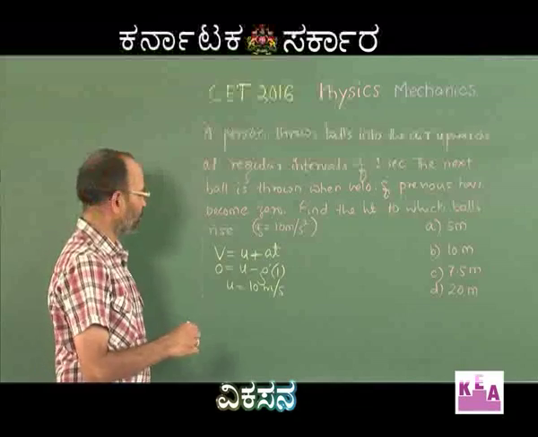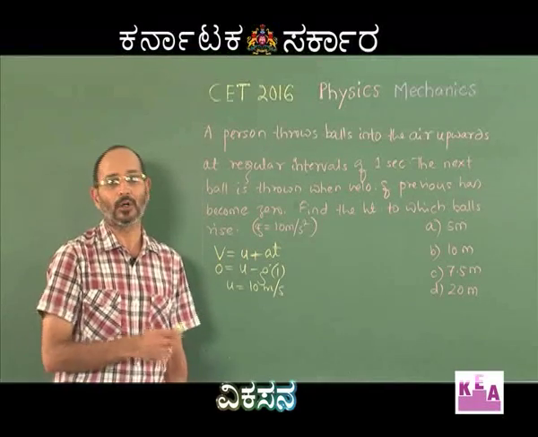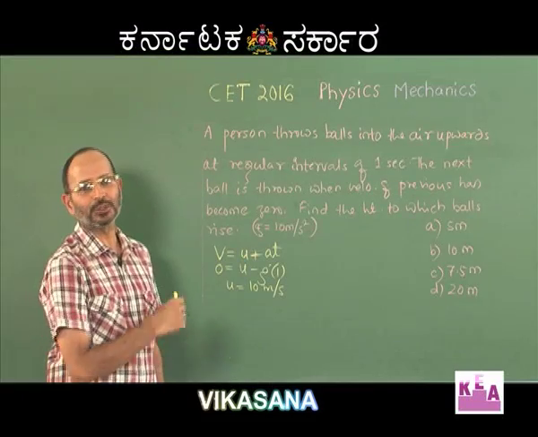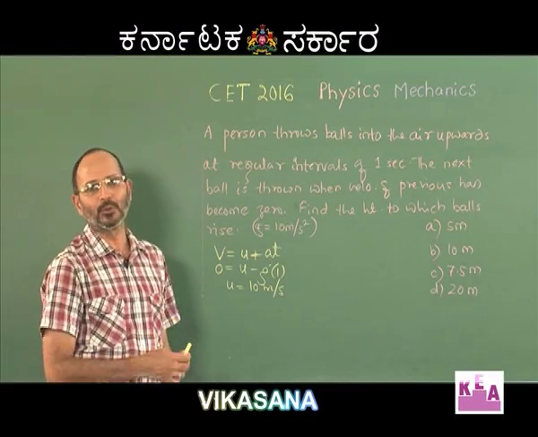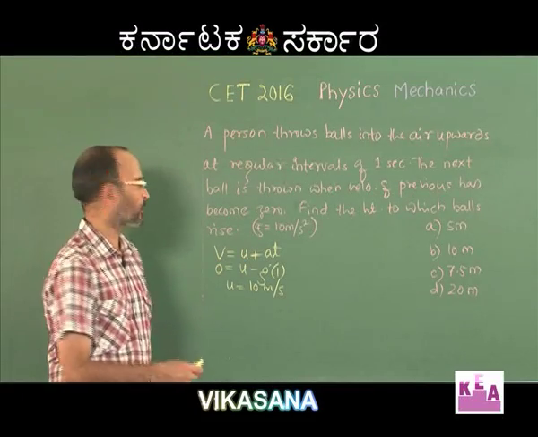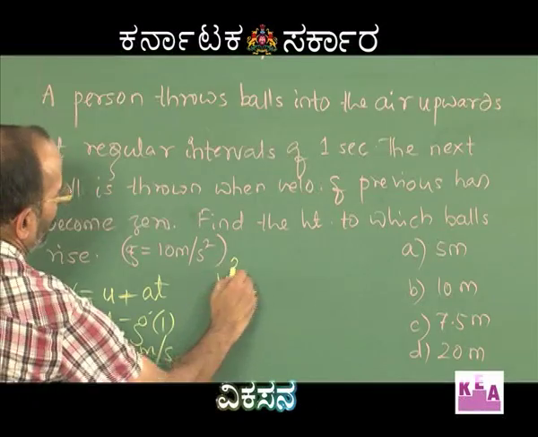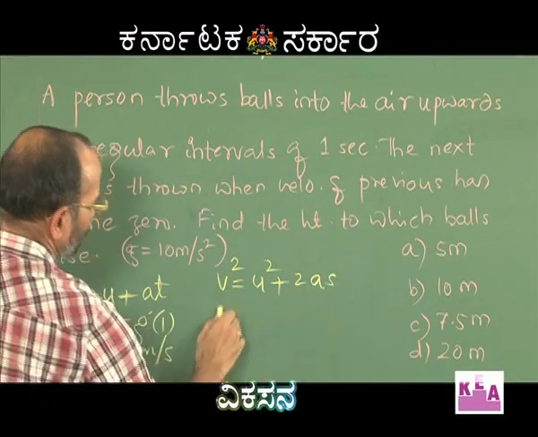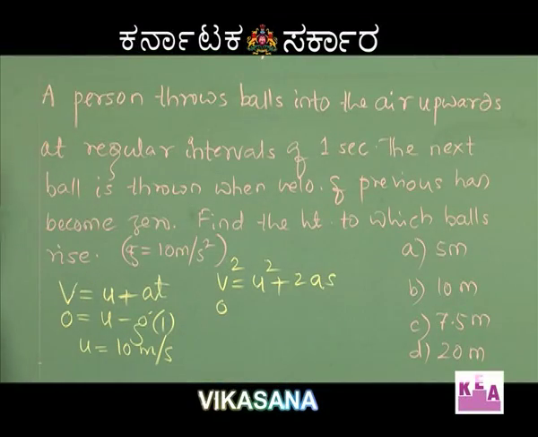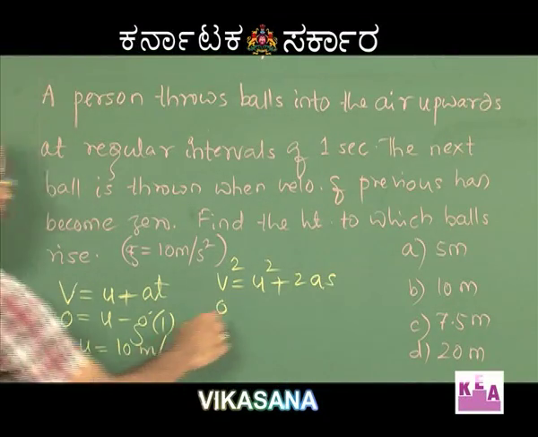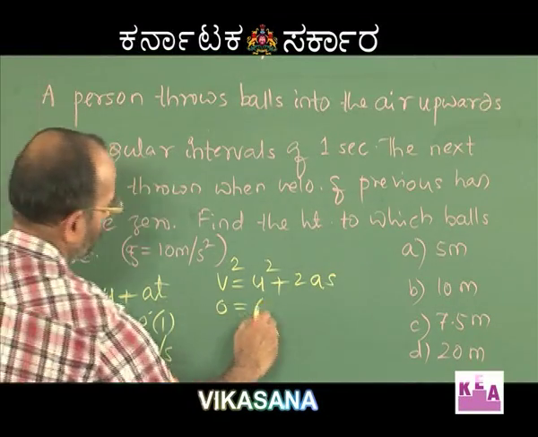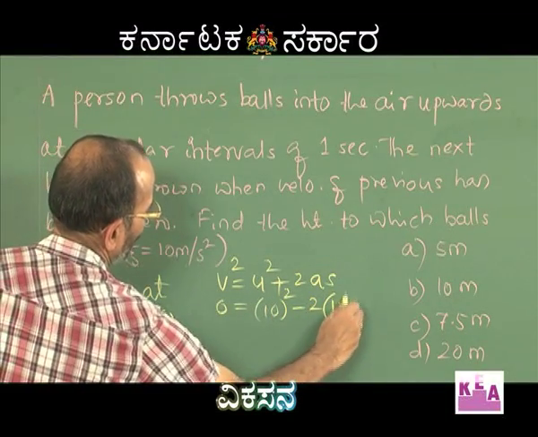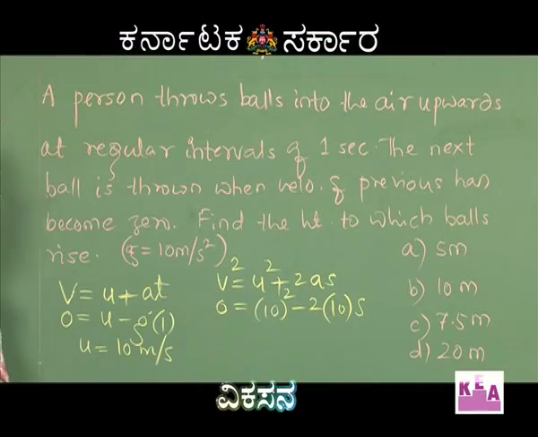This is exactly the speed with which he has projected every ball, and now he wants you to find out the height to which this ball is going to rise. So what I will do, I will use v square is equal to u square plus 2as. Again v is going to be 0 because at the highest point the velocity is going to be 0. u square we have already found out, so let me write it as 10 square, again minus 2 into 10 into s, right.